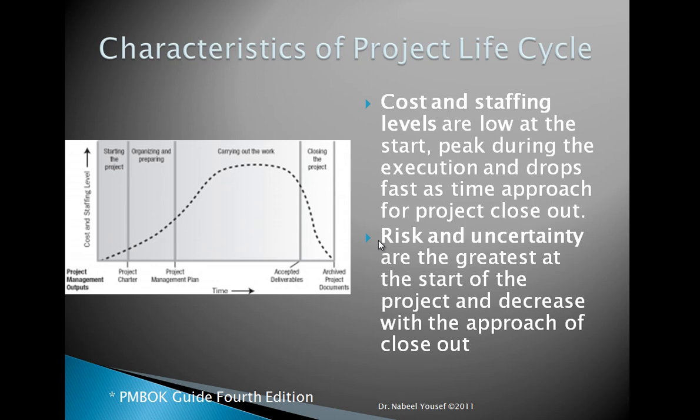At the same point, if you look at the risk and uncertainty at the beginning of the project, I don't have enough information, I did not begin the execution, I don't know what's going to happen, so I have lots of uncertainty, lots of risk. This uncertainty and risk will start decreasing as the project approaches closeout.